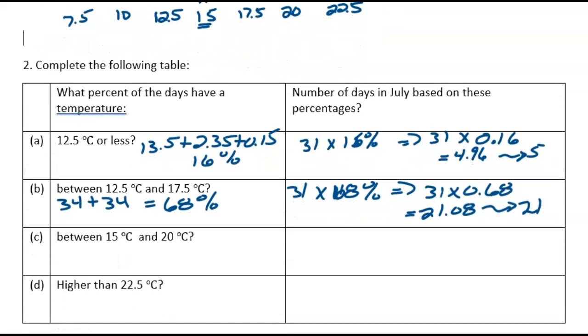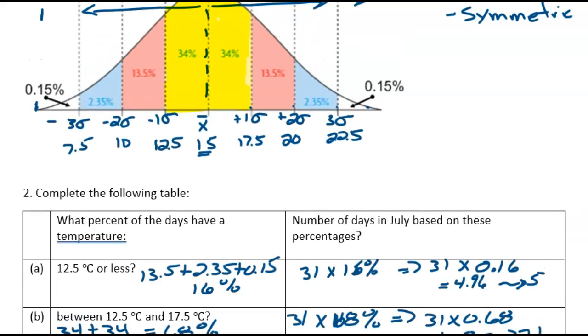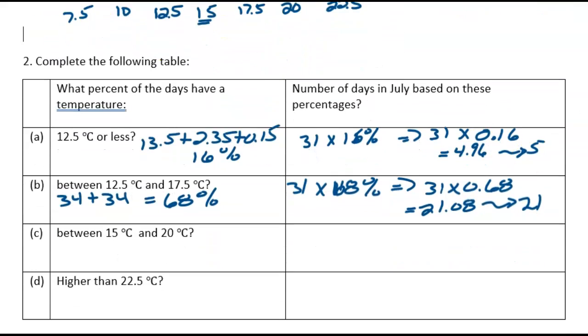And then between 15 and 20 degrees would be here. So that's 34 plus 13.5, or 47.5%.